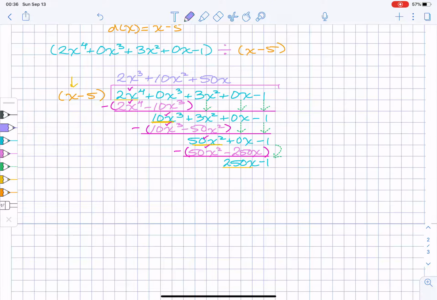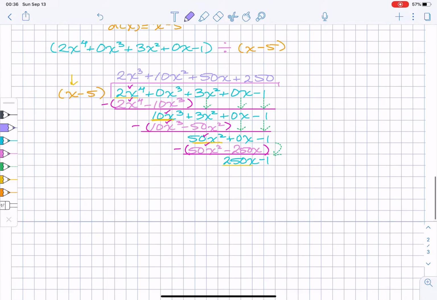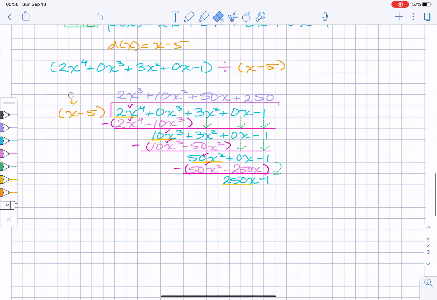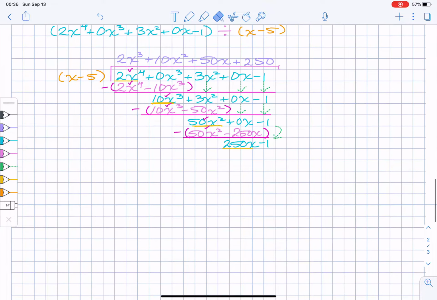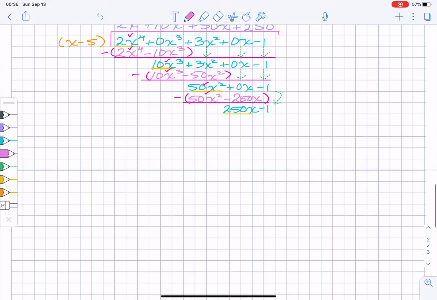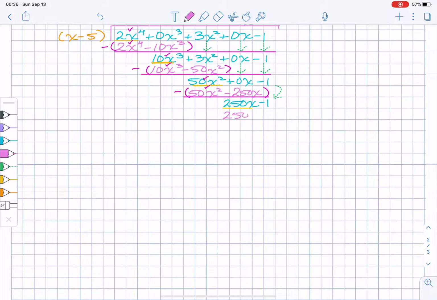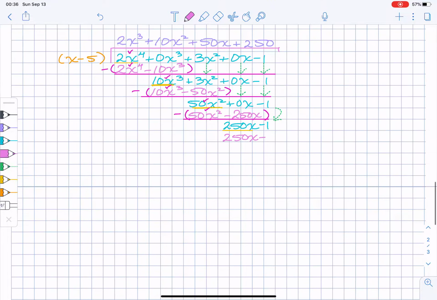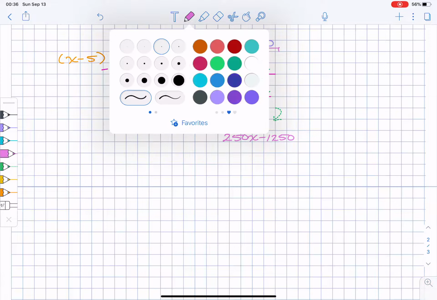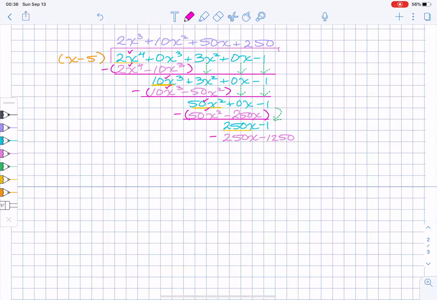And I claim that's 250. So distributing 250 to the x minus 5, we will get 250x minus 25 times 5 is 125, so 1250, which we're then going to subtract from the line above.